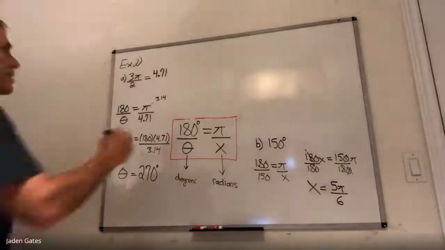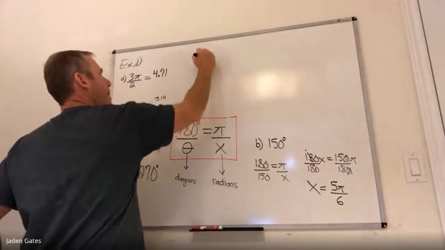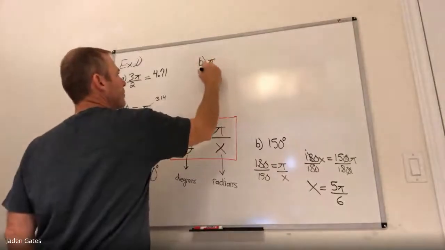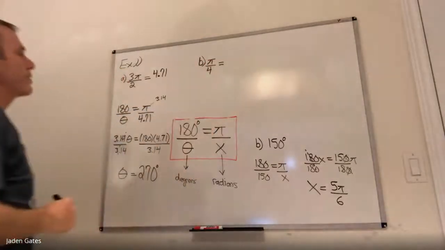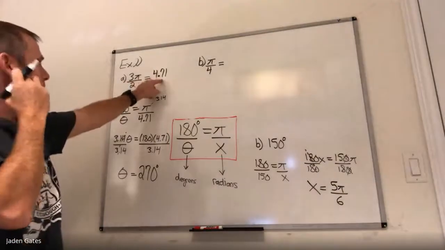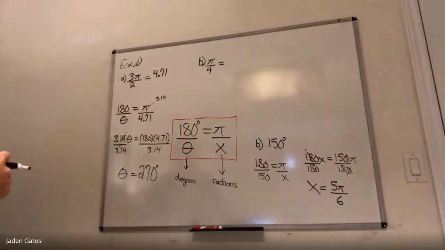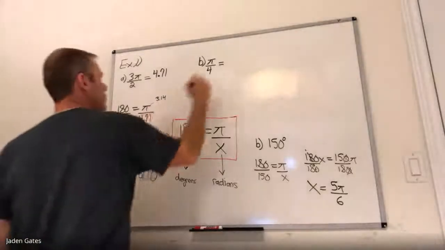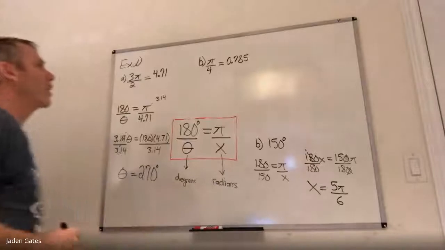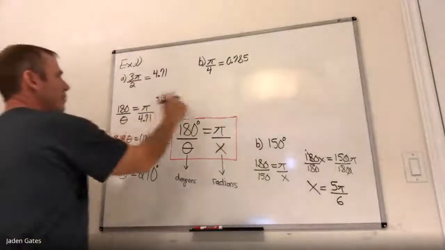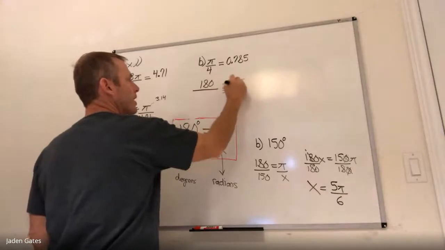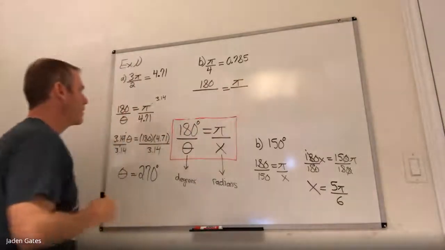All right, same idea for B. B, we have pi by 4. So let's see, I take 3.14, because that's what I'm going to have to do to put it in as a decimal. 3.14 divided by 4 equals 0.785. All right. And again, setting up my ratio here, 180 degrees is defined as pi.